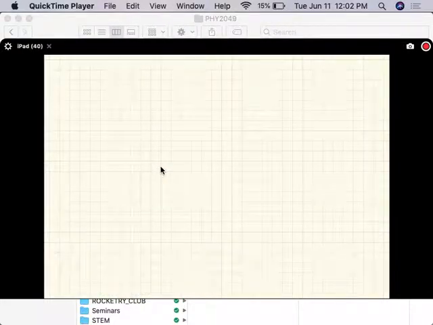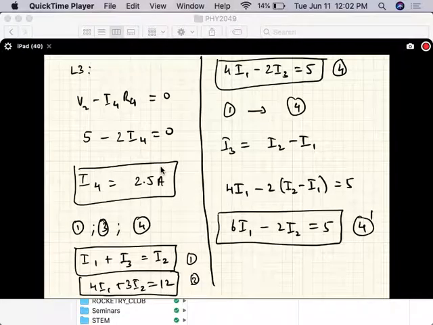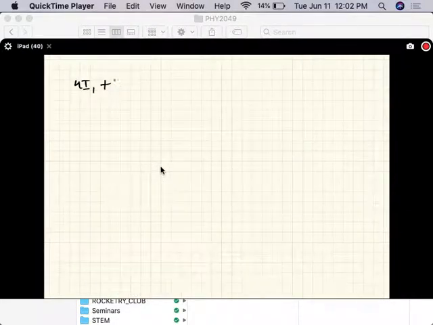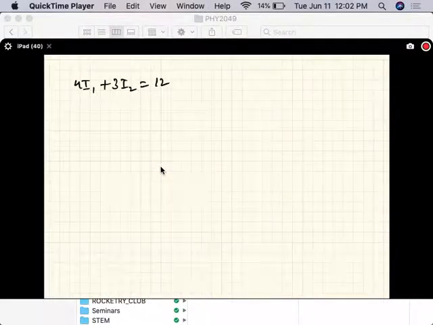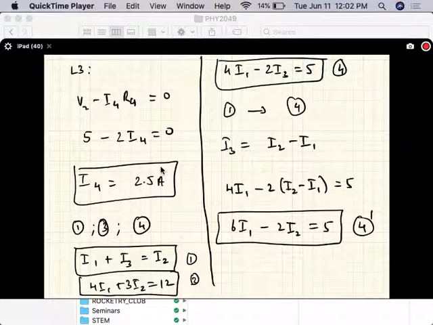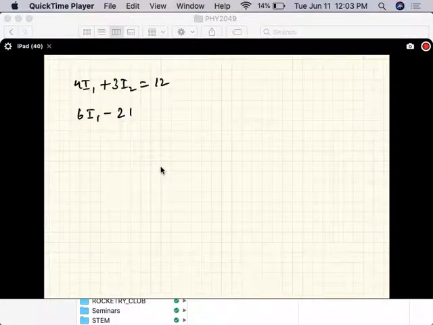So 4I1 plus 3I2 equal to 12, and 6I1 minus 2I2 equal to 5.